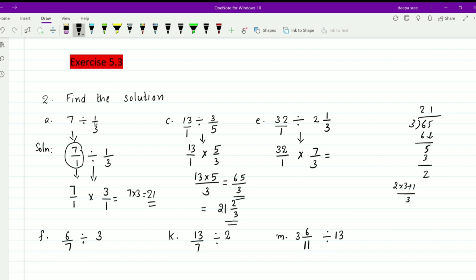Now 32 into 7, there is no common factor, so we multiply the numerators and then multiply the denominators. 7 2s are 14, 7 3s are 21, 21 plus 1 is 22, so 224 divided by 3 is the answer.